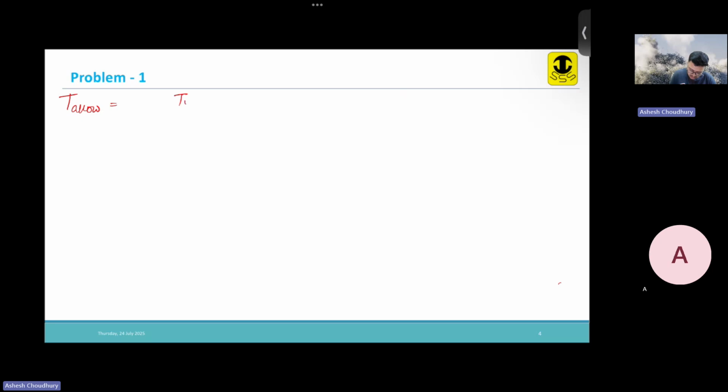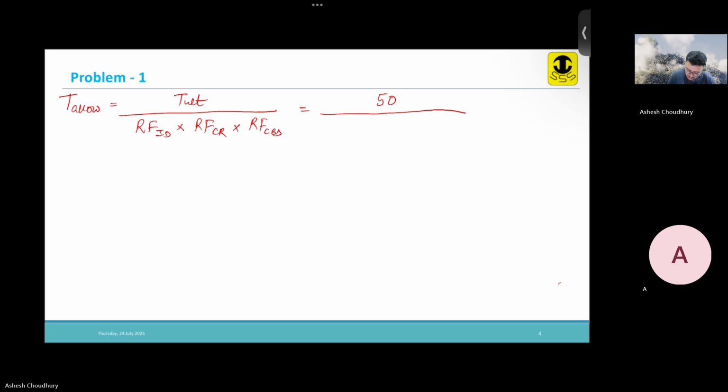T allow is T ultimate divided by the reduction factors for installation damage, creep, and chemical and biological damage. Ultimate is 50, and for the reduction factors we take standard values 1.2, 2.5, 7... 50 divided by 3.81, so this comes out as 13.2.